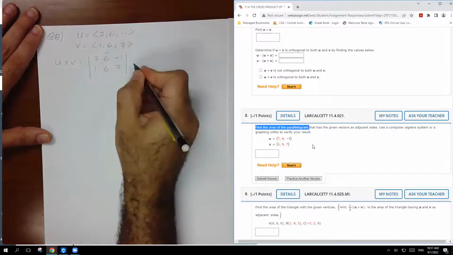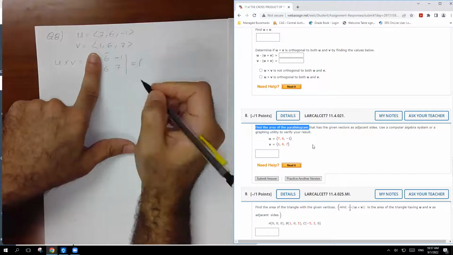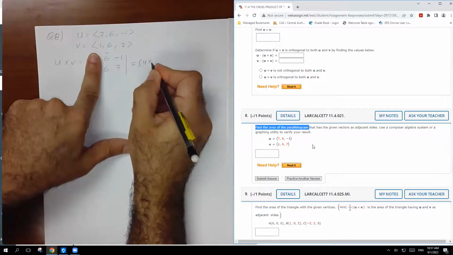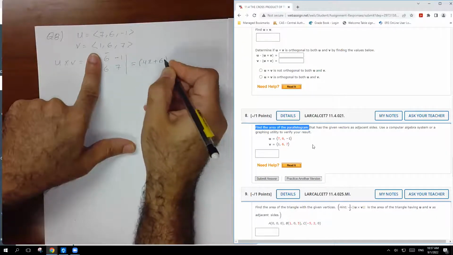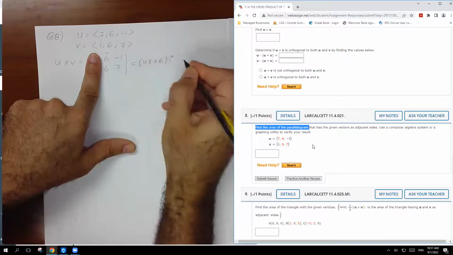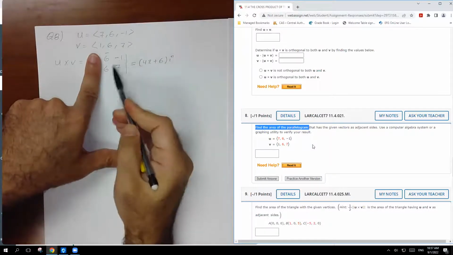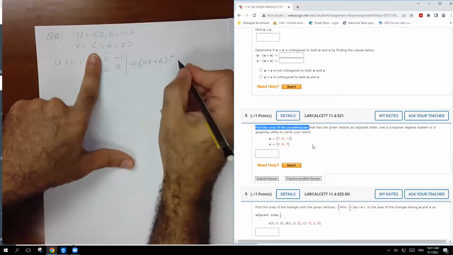This is minus always, so for the I, it is going to be 42 plus 6. I minus for the J, because -1 times 6 is -6, but there is minus between these two terms, so it's going to be plus.